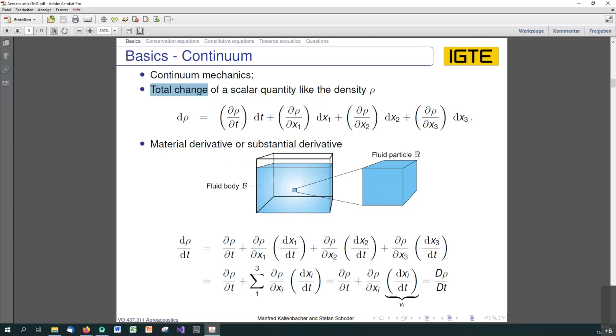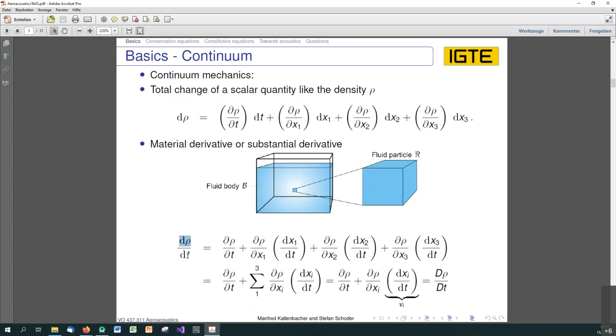And if we have a fluid body B and a fluid particle R, then, based on the total change, we can define the material derivative or the substantial derivative. These are just two terms that mean the same, and this is done by putting the dt on the left side.